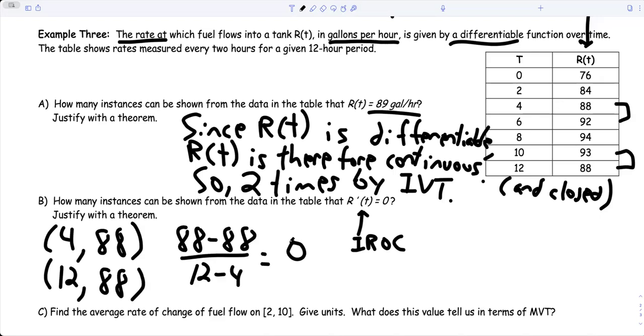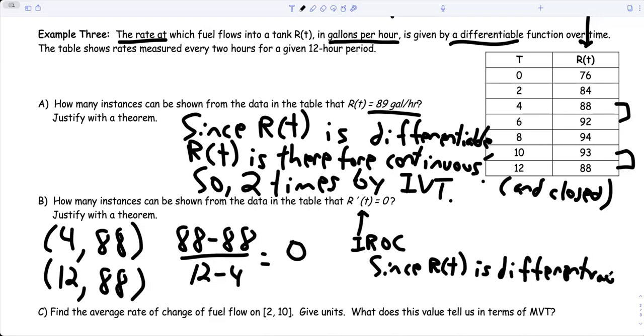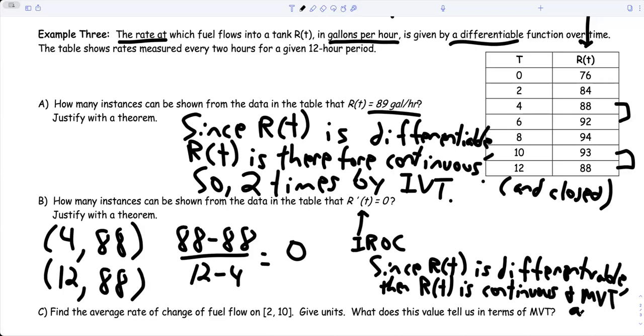So here's how you justify it. Since R of t is differentiable, then R of t is continuous and MVT applies.